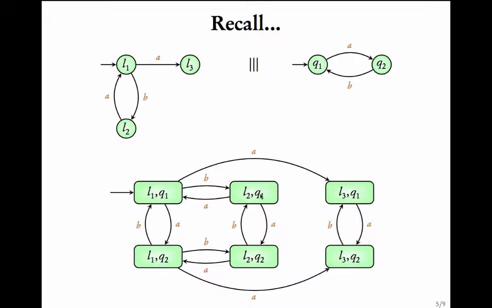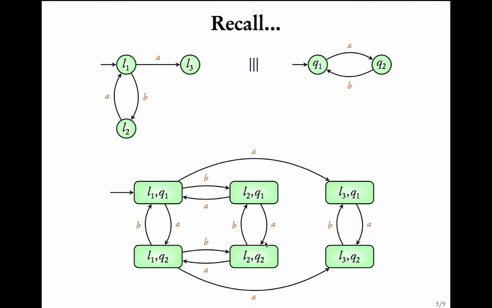This gives us the following states in the joint behavior. The joint system can be in either L1, Q1, which signifies the fact that this system is in L1, this system is in Q1, or in L1, Q2, L2, Q1, L2, Q2, L3, Q1, L3, Q2.